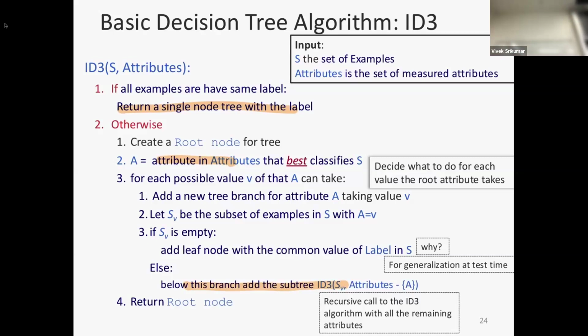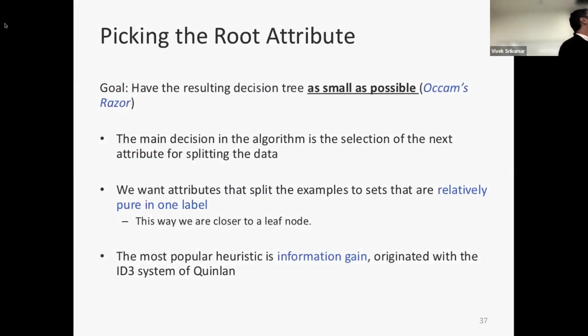I'm not going to repeat all the intuition here, but the thing that we left unspecified is this part here. How do we best classify the data? How do we pick a single feature that best classifies the data? And that's where we're going to pick up today. The goal is to pick what I'm calling the root attribute. The heuristic that was developed by Quinlan to define this algorithm called ID3 tried to operationalize the following intuition.